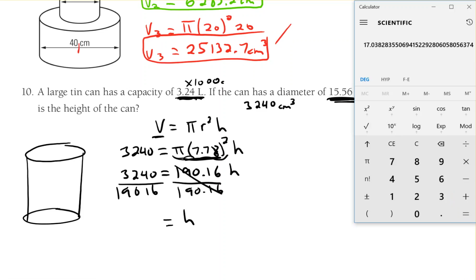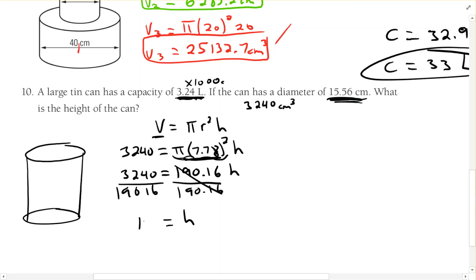So 17, and that's your answer. That should have been a decimal there too. We were measuring in centimeters, so 17 centimeters.